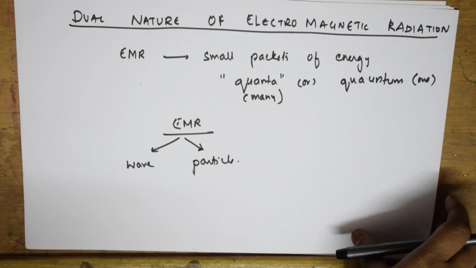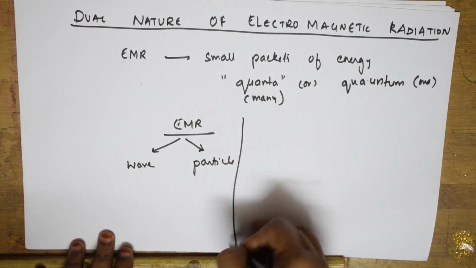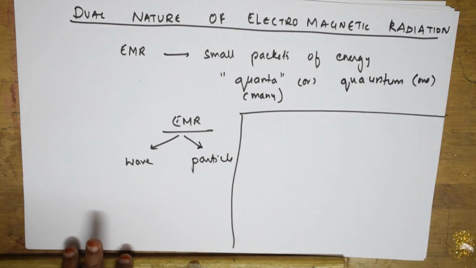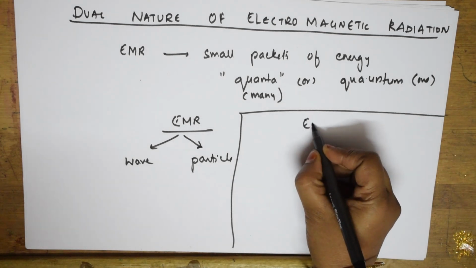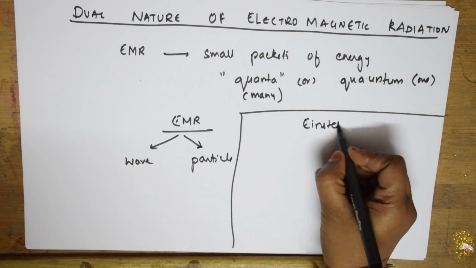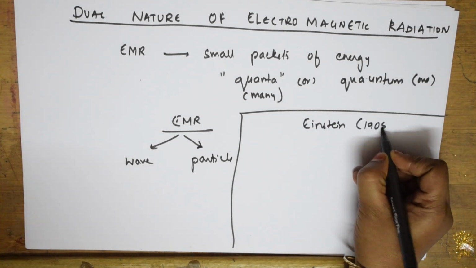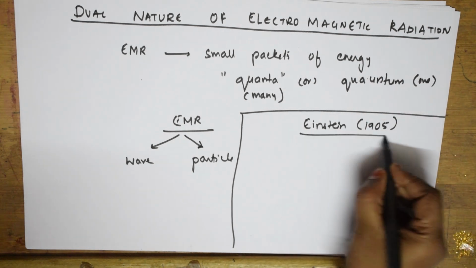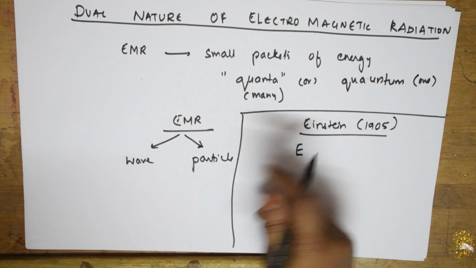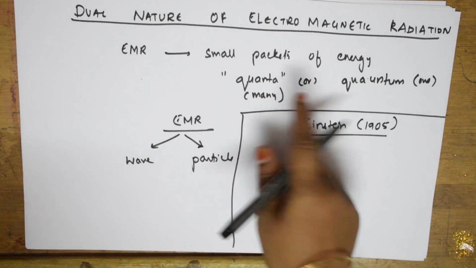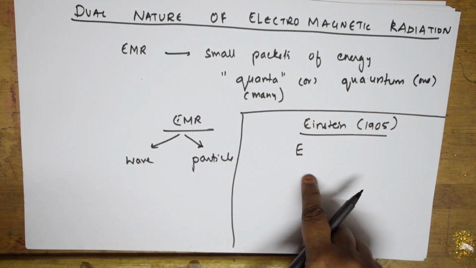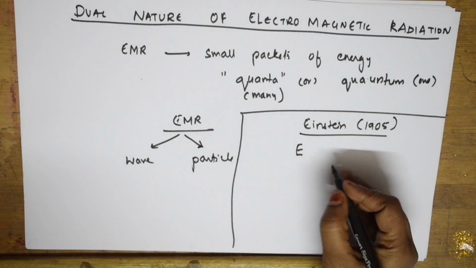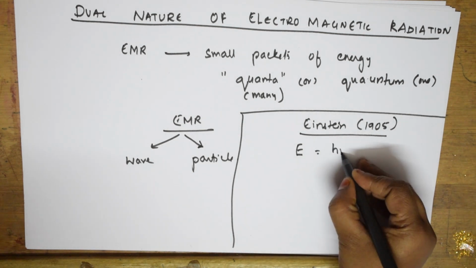First, the scientist who could explain the packet of energy was Einstein. So what did he give? In 1905, he gave a relation for the energy of this quanta, or photon: capital E, the energy of the photon, is equal to h nu.